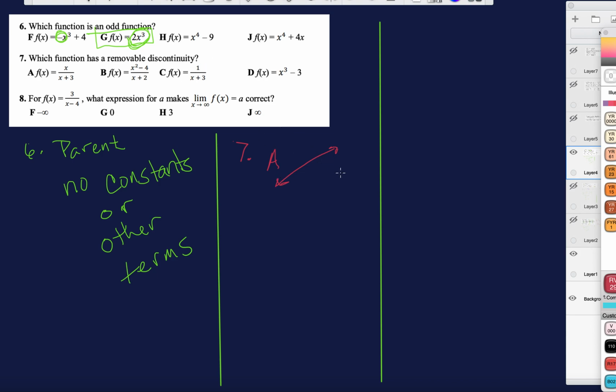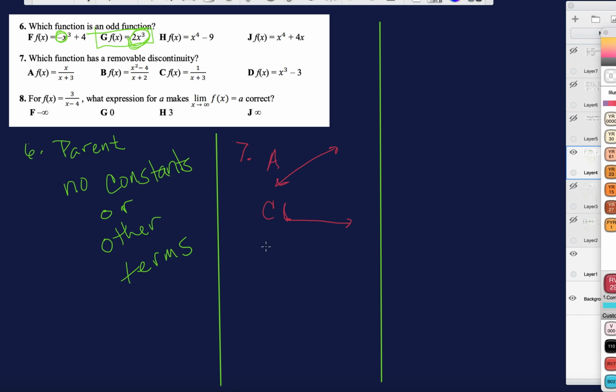C, also linear. It was really, really flat and just heading toward there. It did jump up because we couldn't put -3 in. Okay, and so that doesn't have a removable discontinuity.